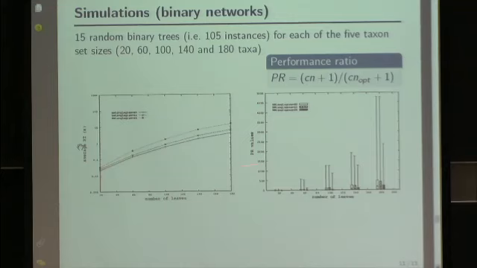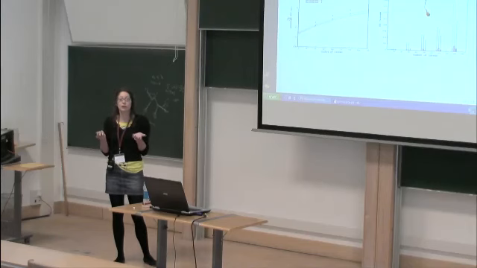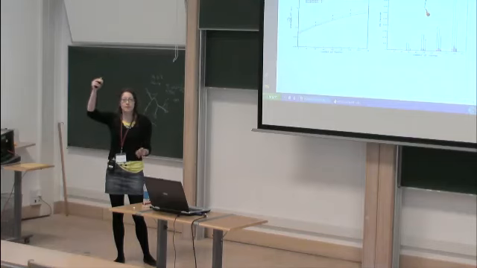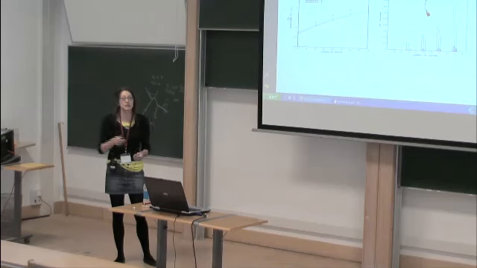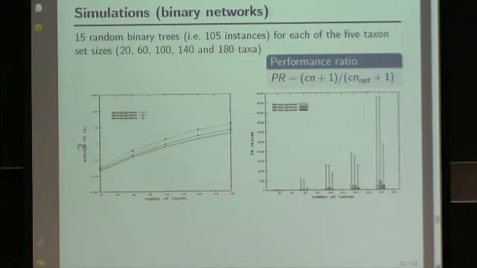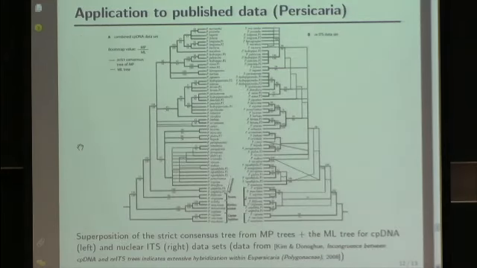But you have to think that, for example, if you have two phylogenetic networks with 200 taxa and you misplace just one taxon, then you will have to cross all the others. So these numbers may seem really high for some distances, but they are still pretty good when you look at them.